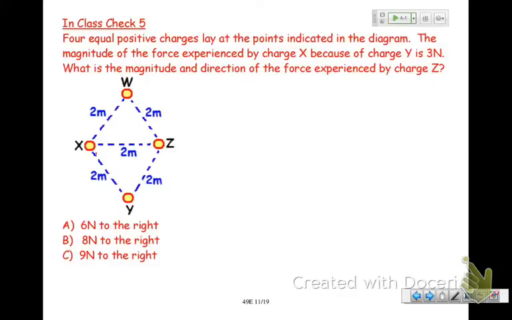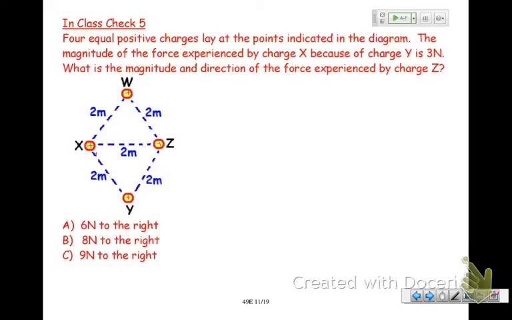This says 4 equal positive charges. Where are these charges? Well, X, Y, Z and W, these 4 charges. They're positive charges. I didn't put the positives on, but you can put them in. So they're pushing away from each other. They lie at the points illustrated in the diagram.